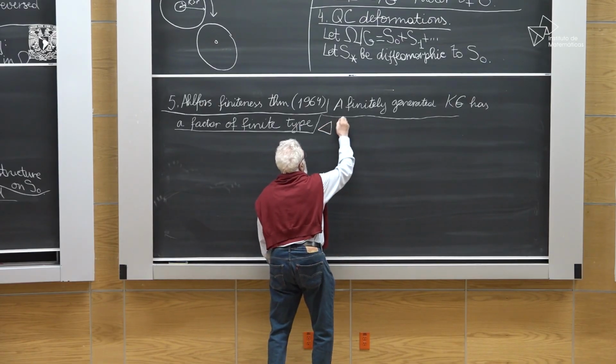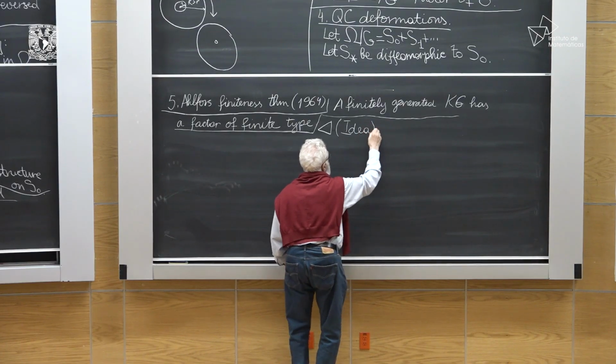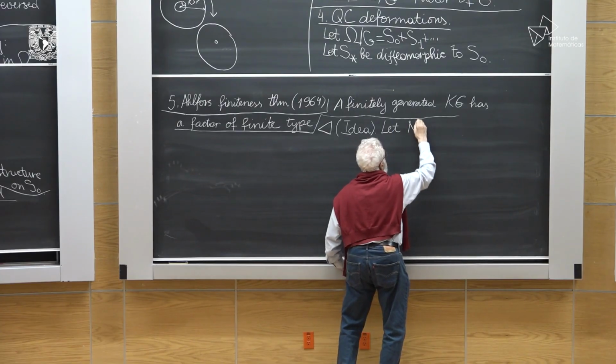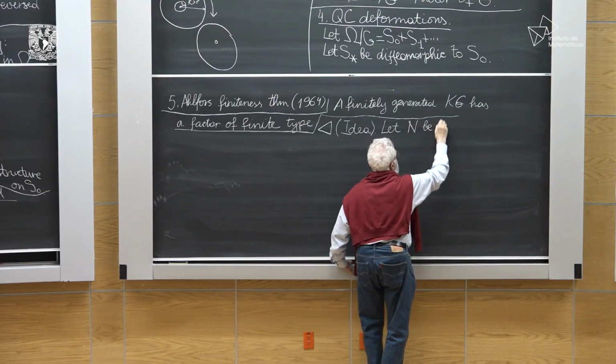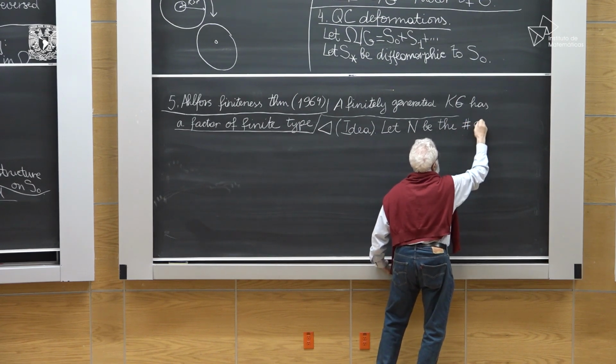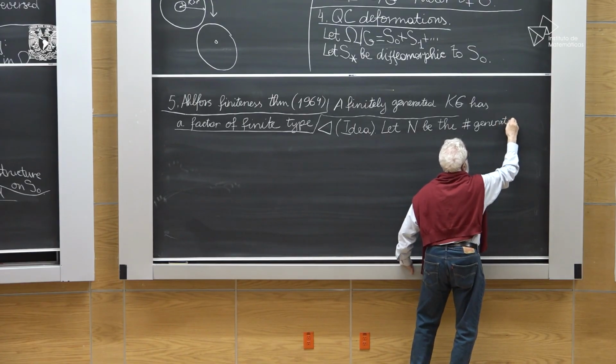So the proof in the particular case, something is impossible. So I give you the idea of the proof. Let n be the number of generators of our Kleinian groups.